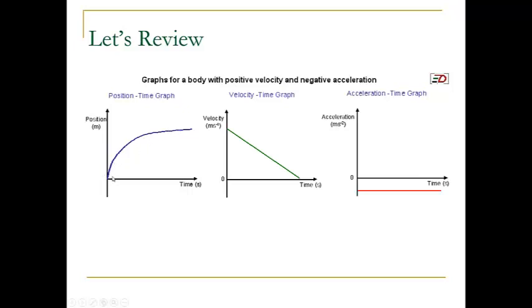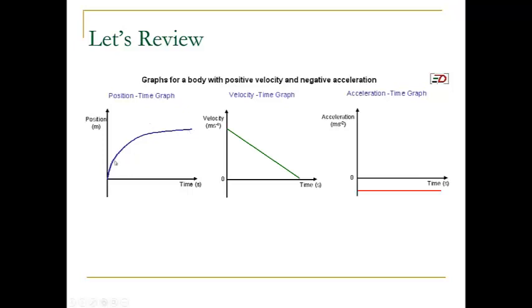But your slope starts out really steep and then gets flatter and flatter. So your slope is changing, which means your velocity is changing, but your slope is getting flatter, which means your velocity is decreasing.